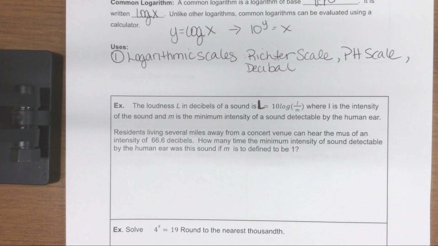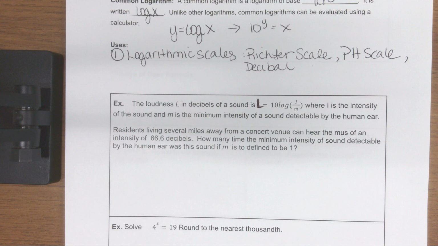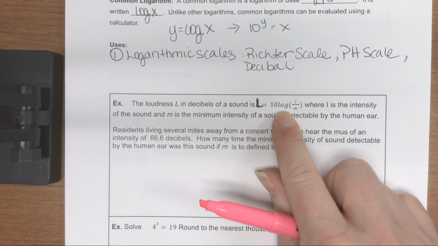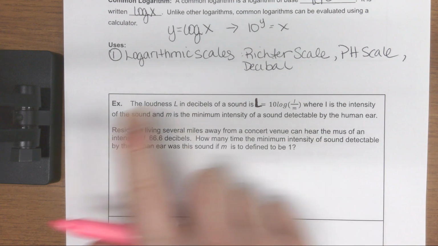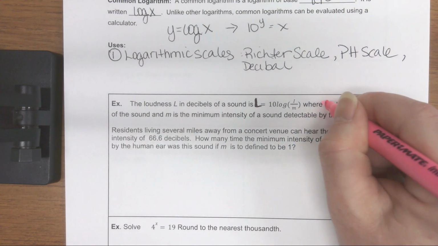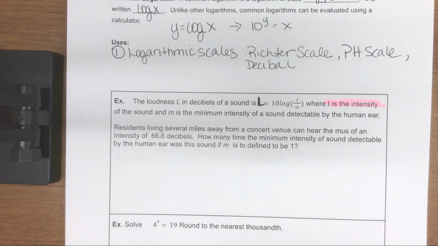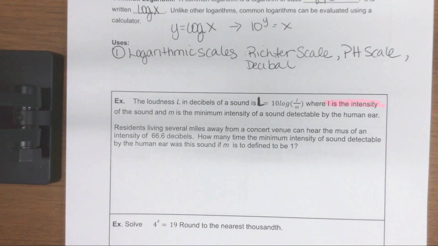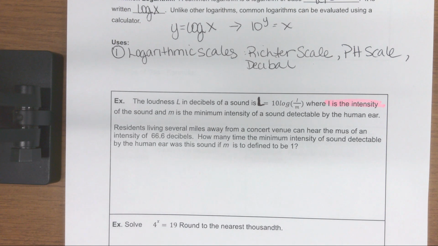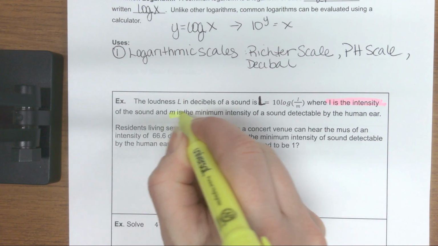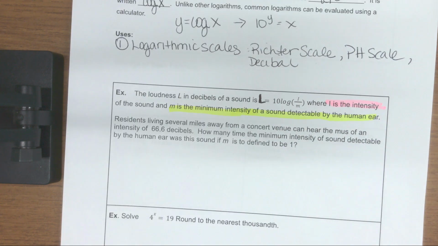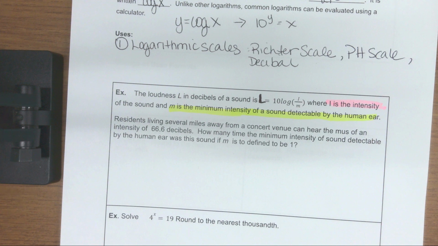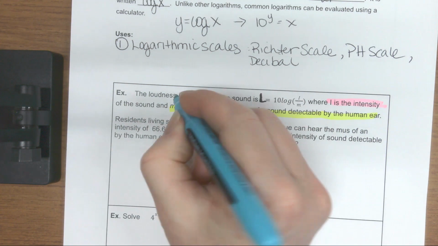The loudness L in decibels of a sound is equal to 10 log of I divided by M, where I is the intensity of the sound, so kind of keeping that in mind in a minute when we're solving. And M is the minimum intensity of a sound detectable by the human ear. And then L is the decibels.